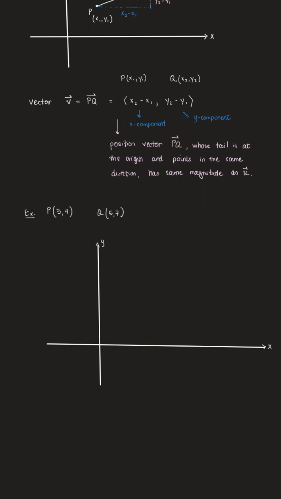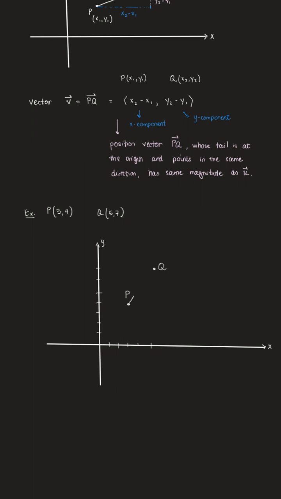Okay, so the point 3, 4: 1, 2, 3, 1, 2, 3, 4, there's our point P. And the point Q is 5, 7. So here's our point Q.